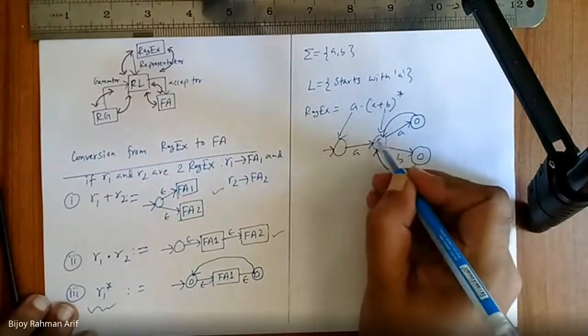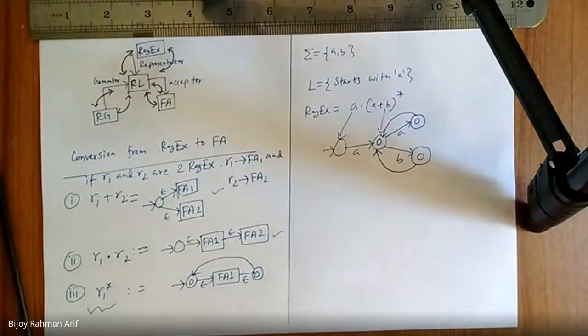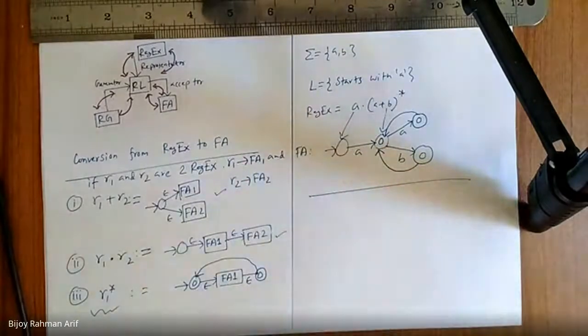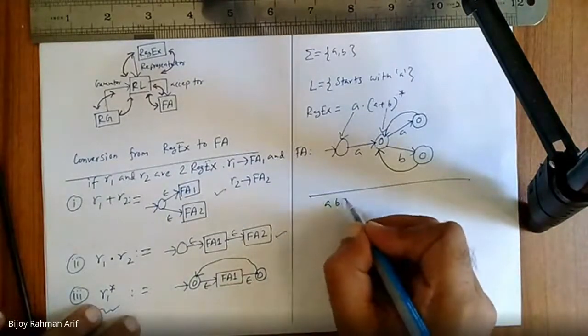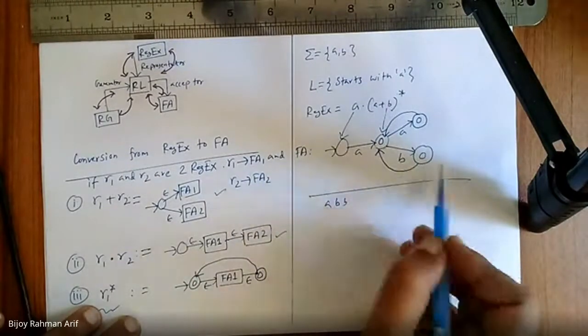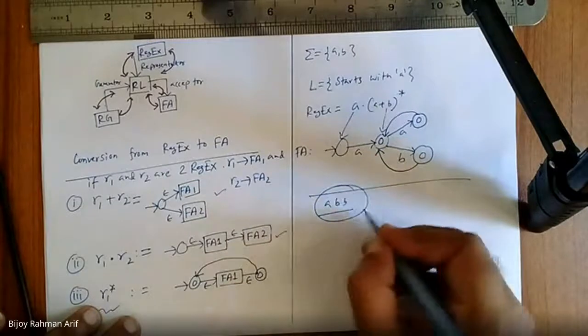And it is also a final state. Did you get it? So this is the final one. It seems a little bit bizarre compared to our usual solution, but trust me, it is a correct final formula. For example, A, B, B, A, B, B, A, B, B, B. So this is the correct formula.